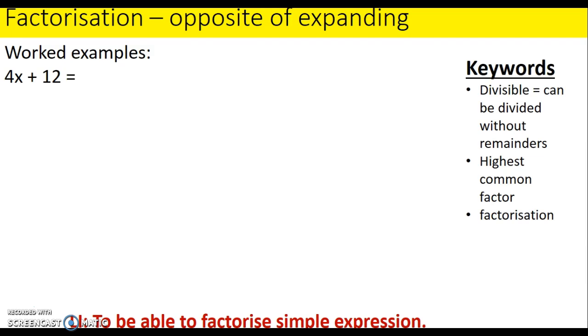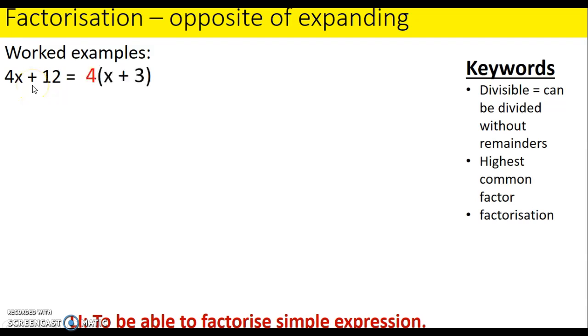So we're going to think of another number that might go into 4 and 12 both. Sometimes it might work, sometimes it might not. For this question, 4 goes into 4 and 4 also goes into 12. So the highest common factor, which I've given you over here, is 4, as these two are both divisible by 4.